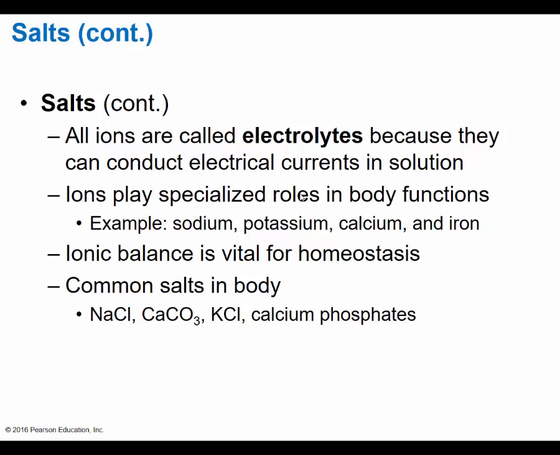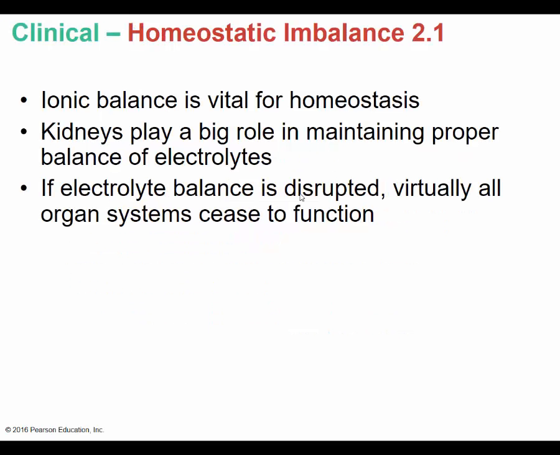So those salts, those are common salts that you're going to see in IV fluids or in medicines when we're trying to replace these. The elderly commonly have issues with electrolyte imbalances because their kidneys are not as good at maintaining these electrolytes. So when you look at the kidneys, for example, our nervous system relies on sodium and potassium to function.